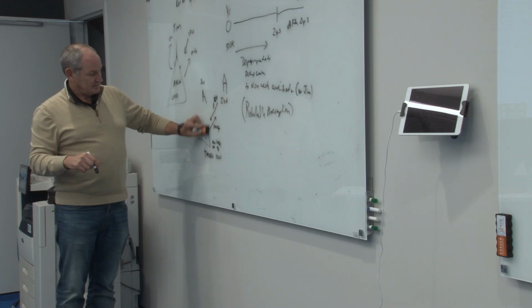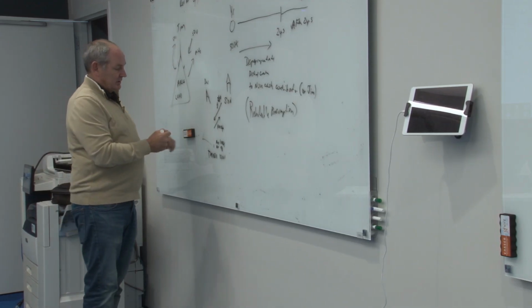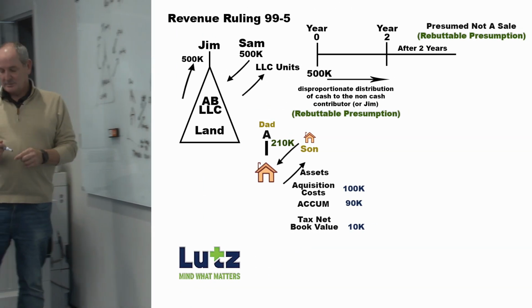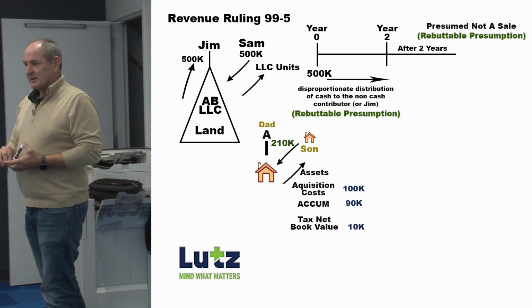Now, here's the really stupid thing. What if dad just owned the building and there was no entity? Dad owned the building, and dad sold the building to the son.